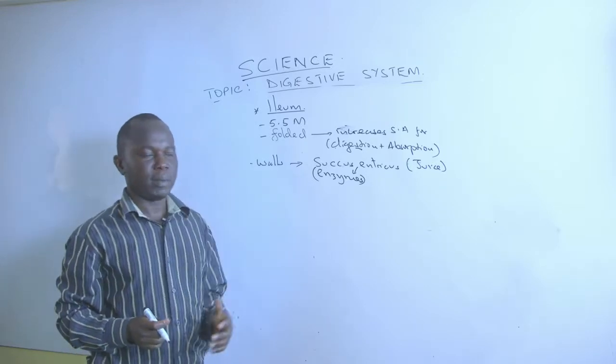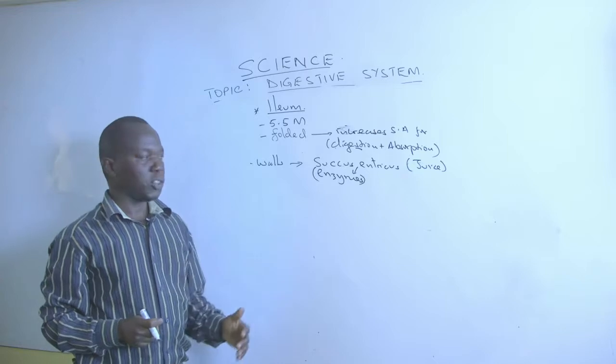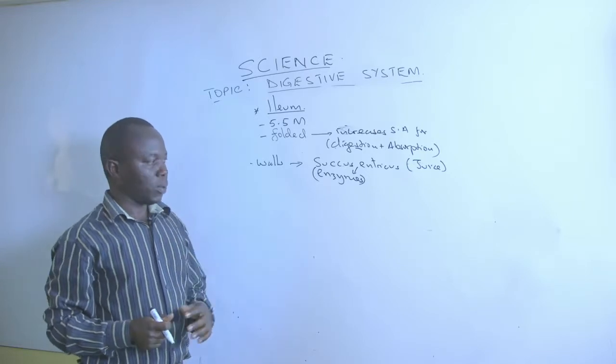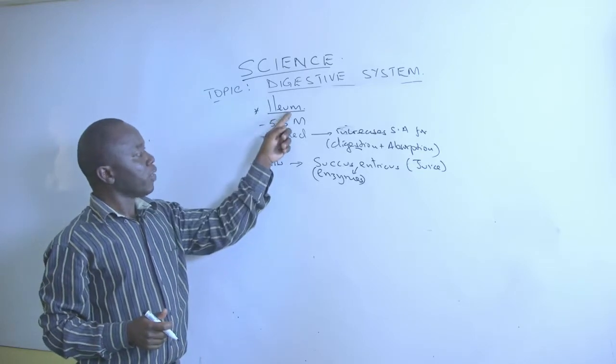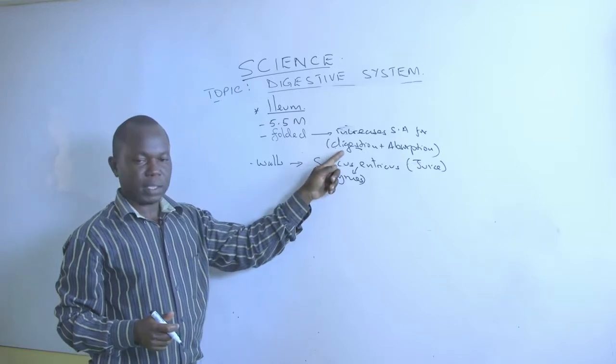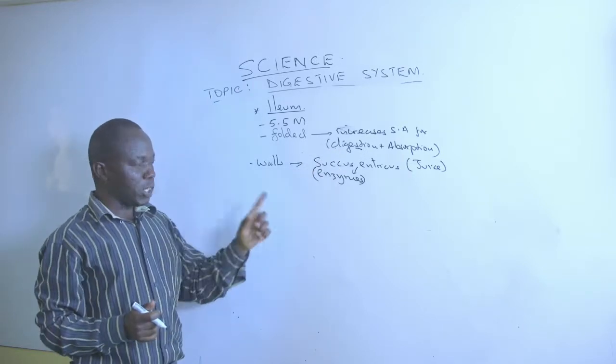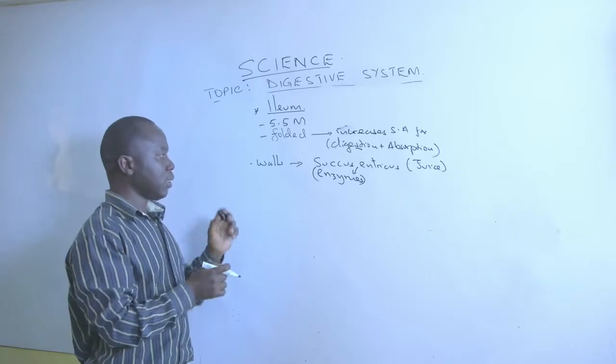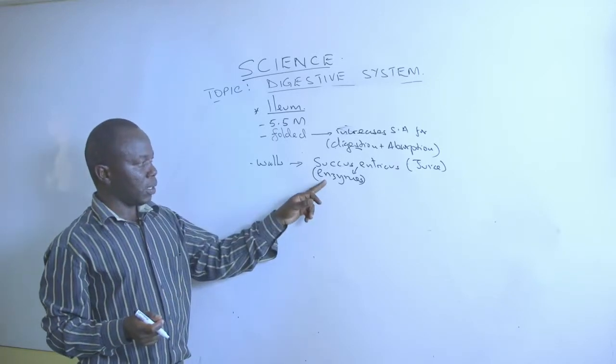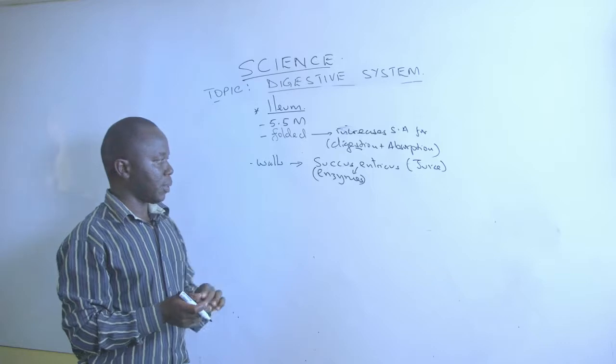Remember, we had digestion in the mouth, digestion in the stomach, digestion in the duodenum. Now, the ileum acts as the site where completion of digestion takes place. But that will require enzymes.